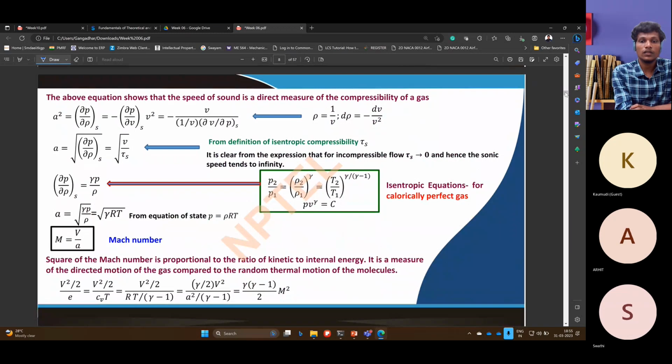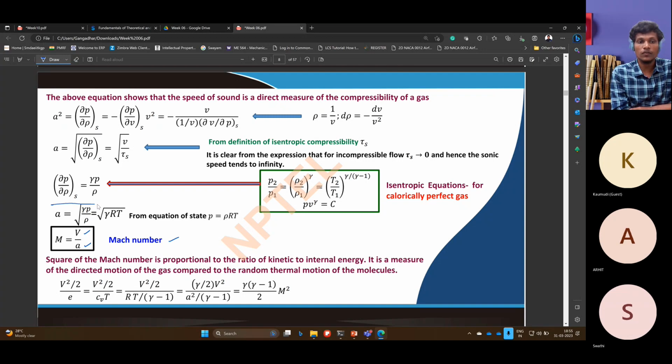And here are some important basic relations that we need. All these formulations we need for today's problem solving session. So I hope you are all aware of these formulations, like how the Mach number is defined. The Mach number is the velocity divided by the sound velocity, and the sound velocity is defined as the square root of gamma RT.